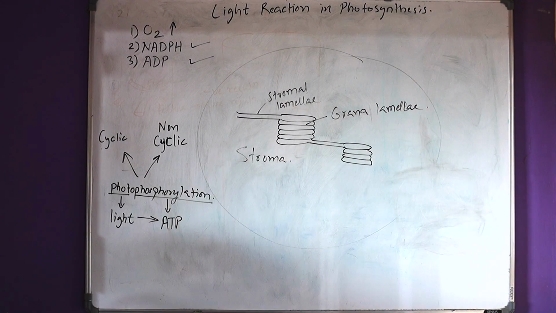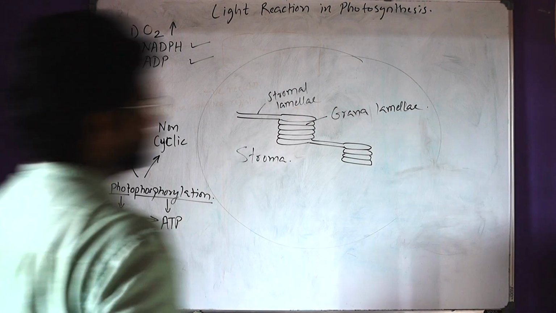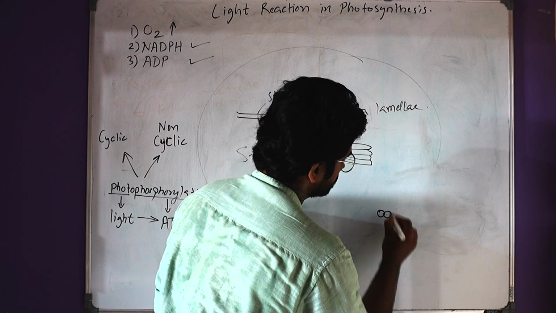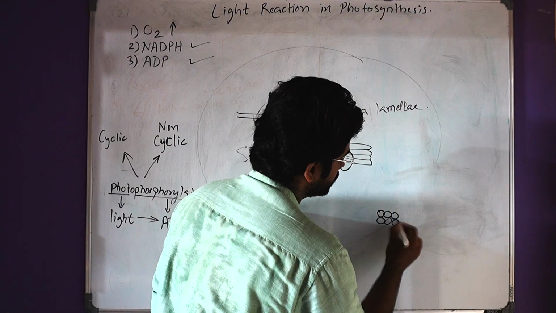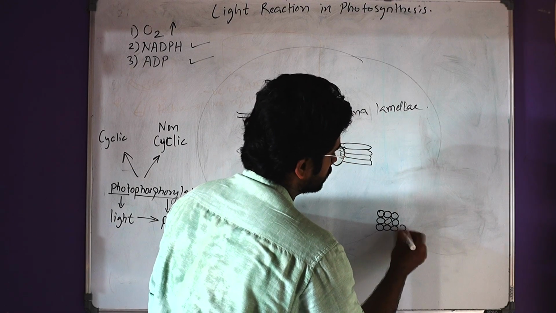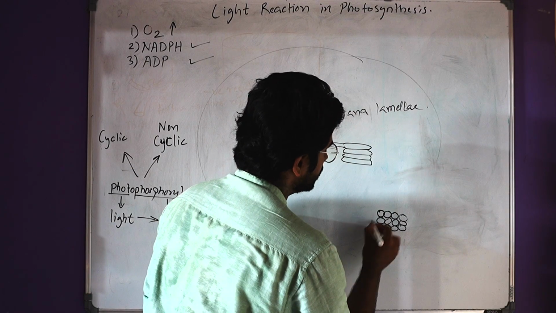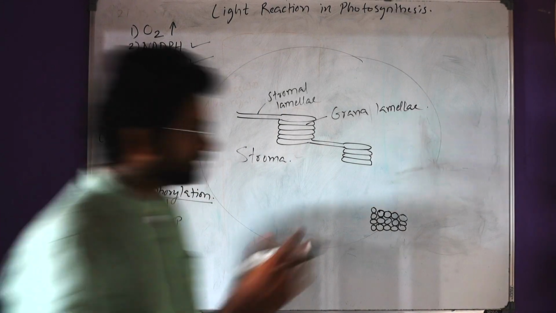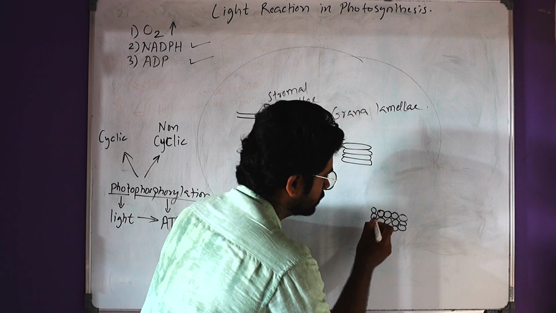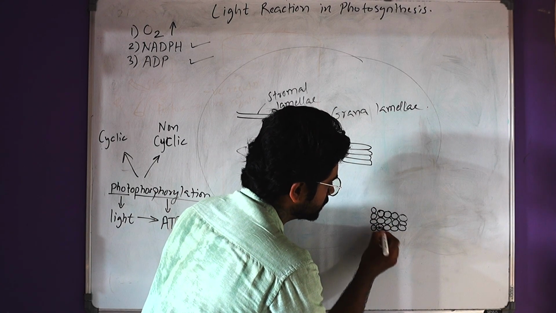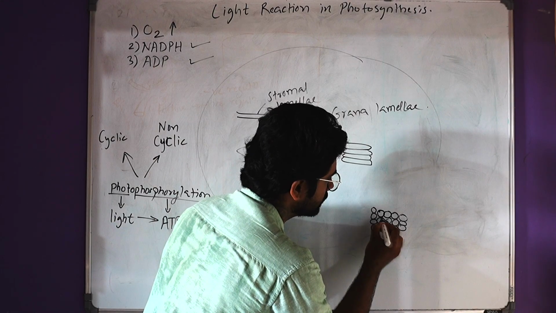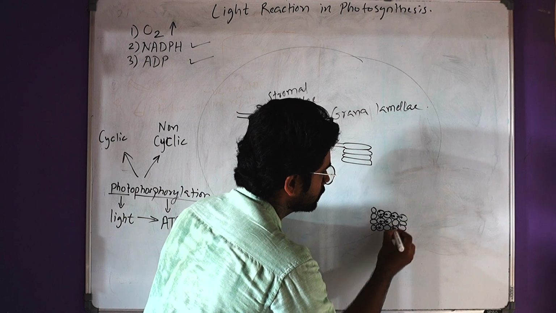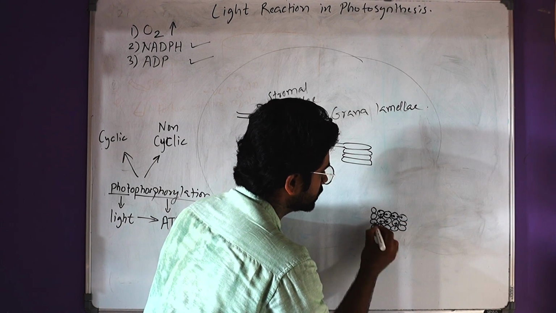So suppose there is a group of pigments, not cells, pigments, which get excited and send their ground state electron to the excited state, and they share the energy with each other like this to their next electron in a random manner.